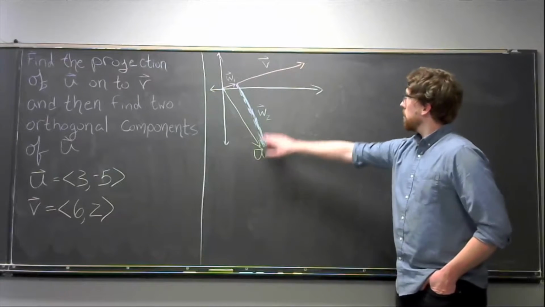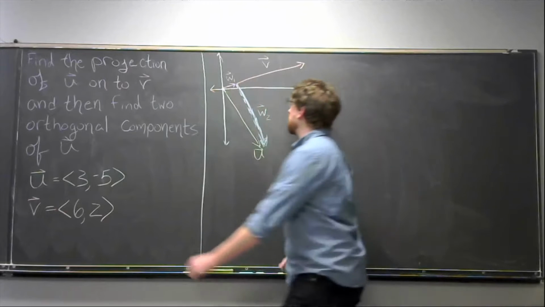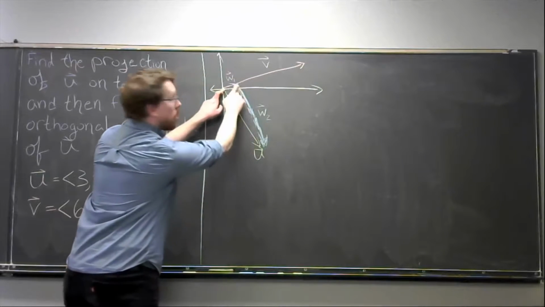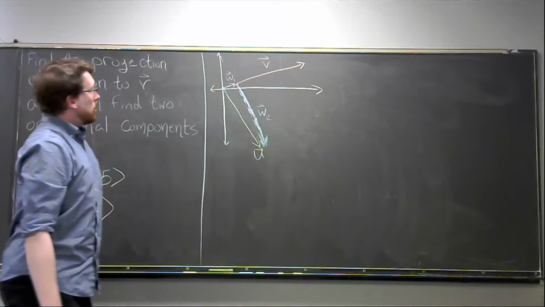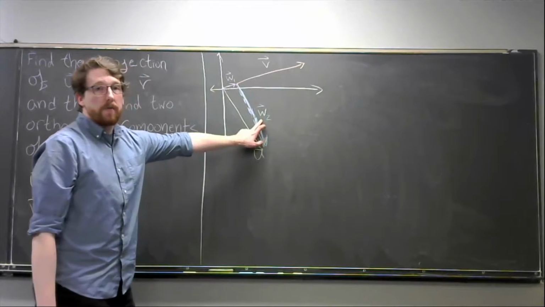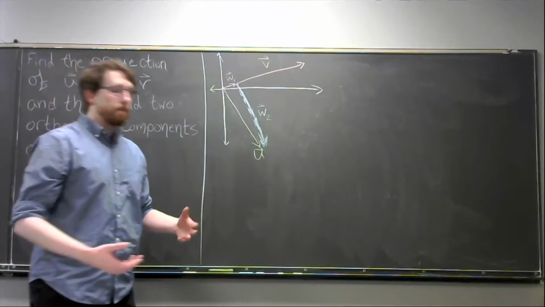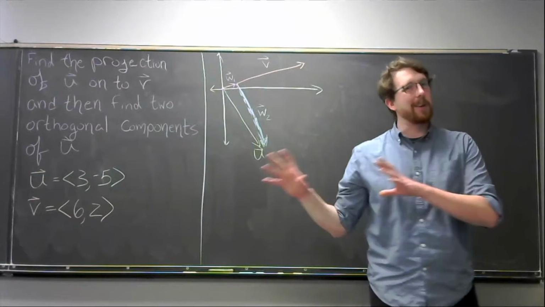We've got u and we've got v up here. We've got the projection of u onto v. And then we have an orthogonal component of it. We have w2, right? Still hasn't answered how we're going to actually solve for these values.